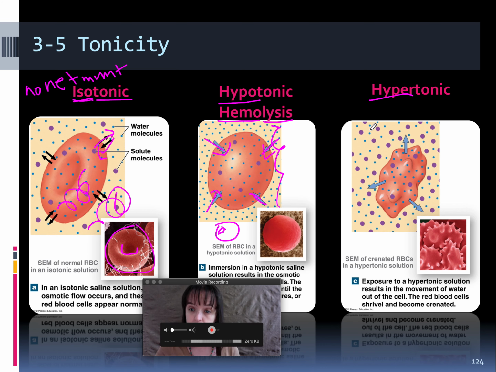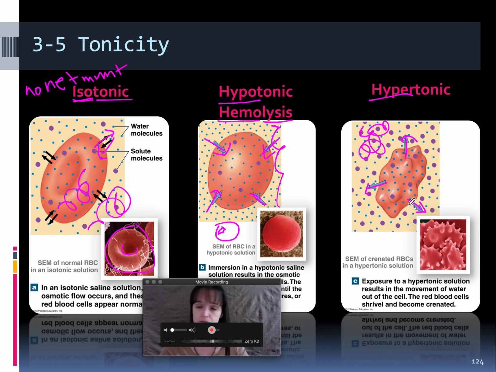Hypertonic solution has a higher osmotic concentration than the inside of the cell. So in osmosis, the water moves towards the higher osmotic concentration, from higher concentrations of water to lower concentrations of water, because that's what osmosis and diffusion are. Well, diffusion isn't necessarily water, although it can be.